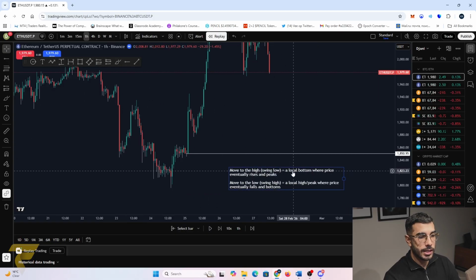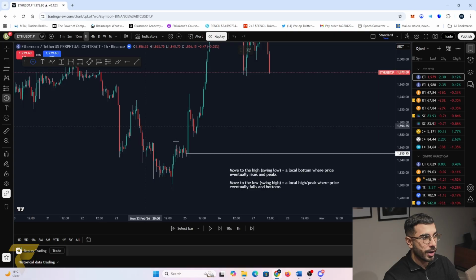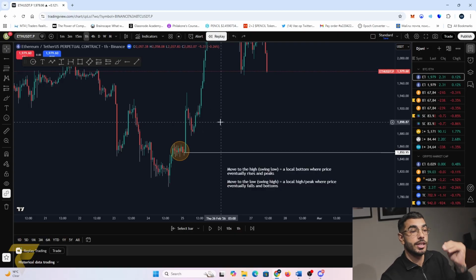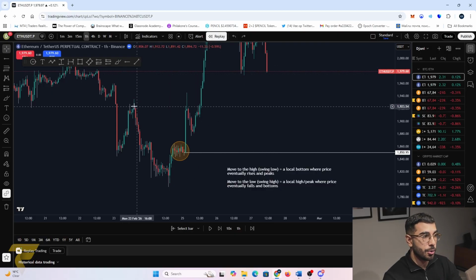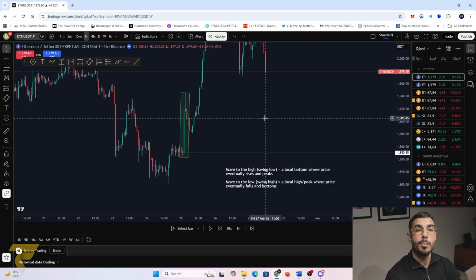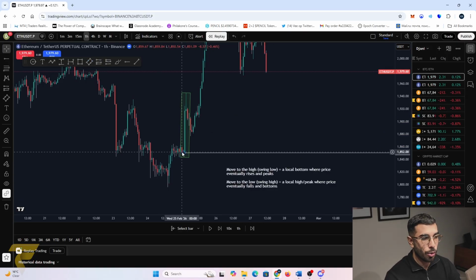Why? You can clearly see that a local bottom is being created. Within this circle, we see that price creates a local bottom, and then eventually price surges, rises and peaks out. So from this point to this point is what we can consider to be a move to the high, because from a local bottom, we create a new high.